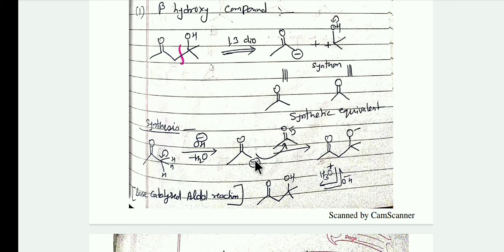So this negatively charged carbon atom easily attacks this positively charged carbon atom and attaches, and after attachment by a single covalent bond we get this type of molecule. On reaction of this molecule with acid, H plus from H3O plus is abstracted by this O minus, and we get this molecule, which is our target molecule. So we can easily prepare our target molecule by this synthesis.